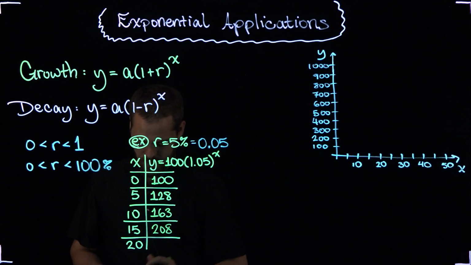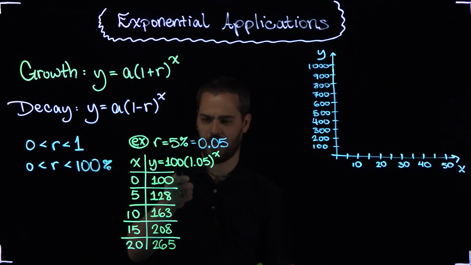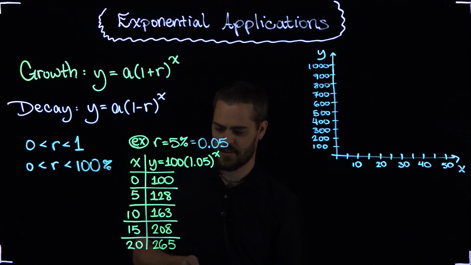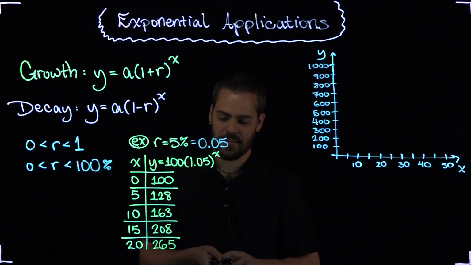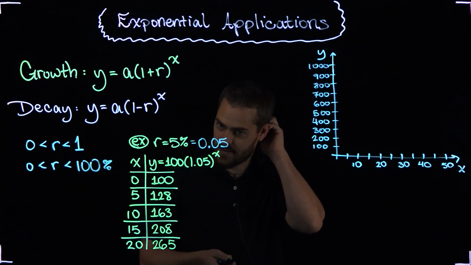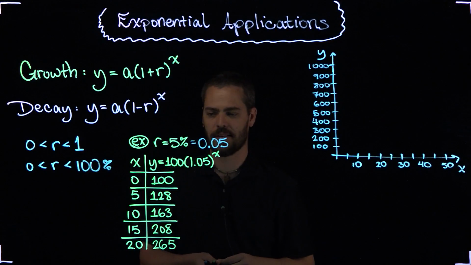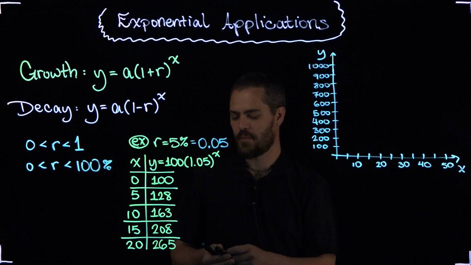After 20 years, I'd have about $265. Started with $100, and after 20 years, I have $265. Okay, that's not that great, but you could probably do a bake sale or something. But let's see what this looks like on the graph to model this growth.